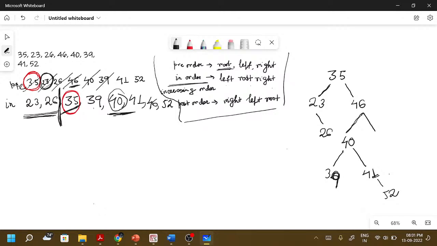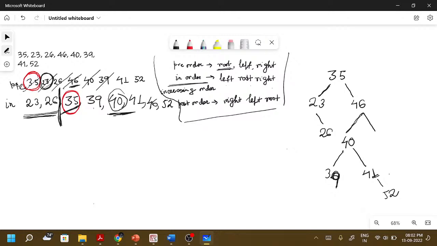after that, 52, where will we place it? But that won't matter, right? Because even here, it's always in the decreasing order. No, it's not in the decreasing order, right?